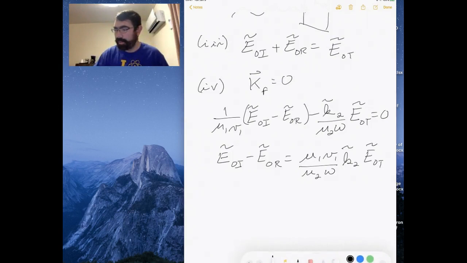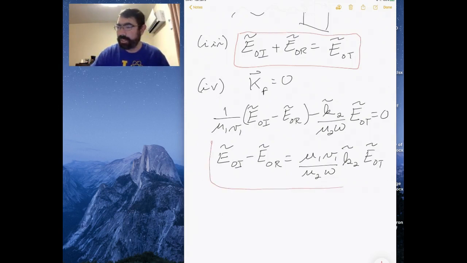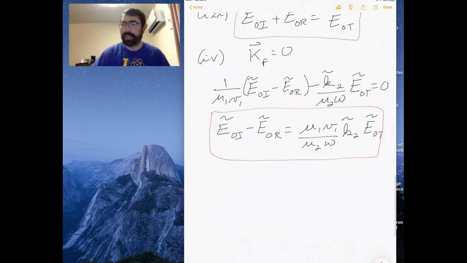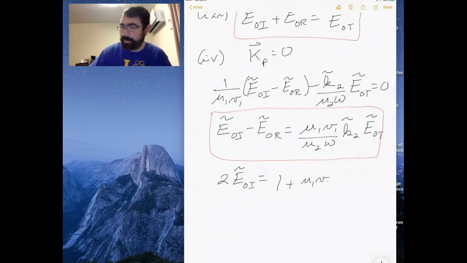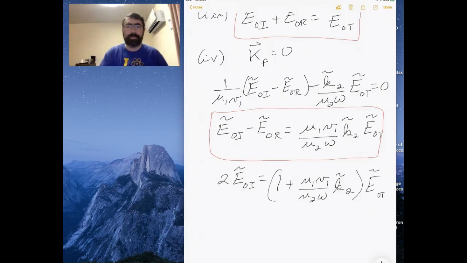And now, if I was to take this equation here and add it to this equation right here, then I would drop out the reflected part, and I would get two times the incident amplitude is equal to 1 plus mu1 v1 over mu2 omega k tilde 2, all of that times the transmitted amplitude.